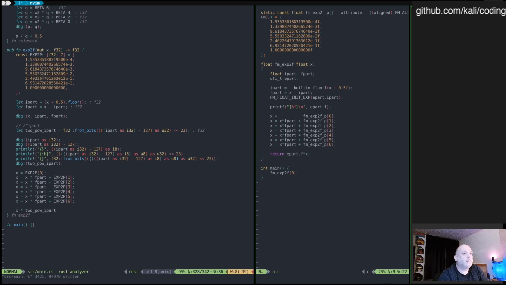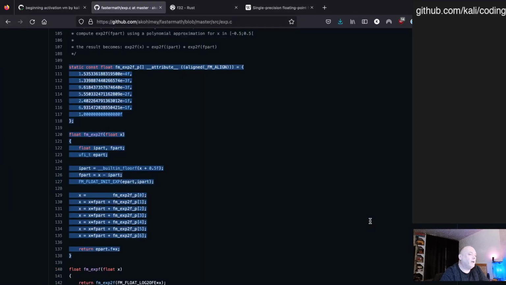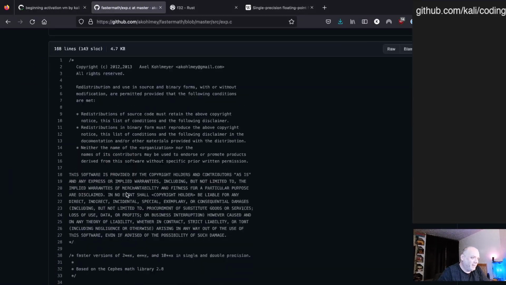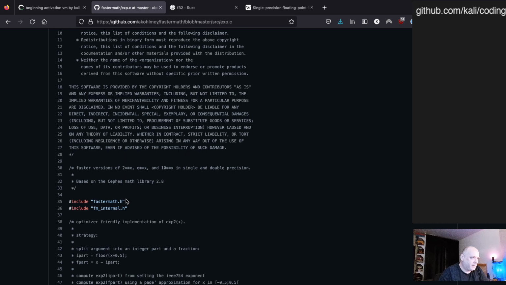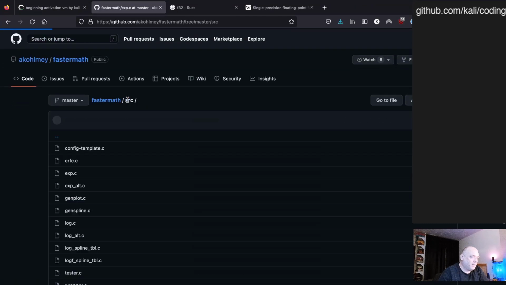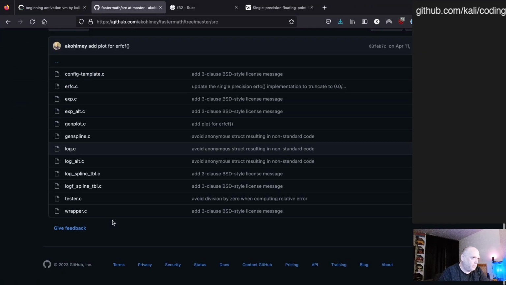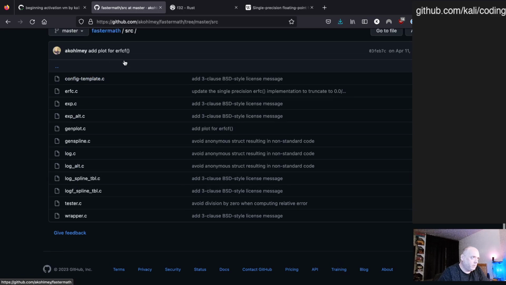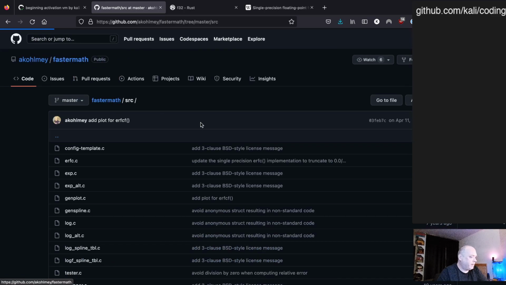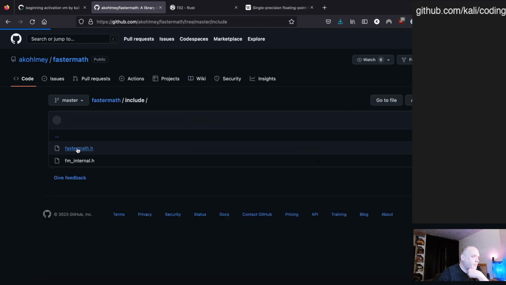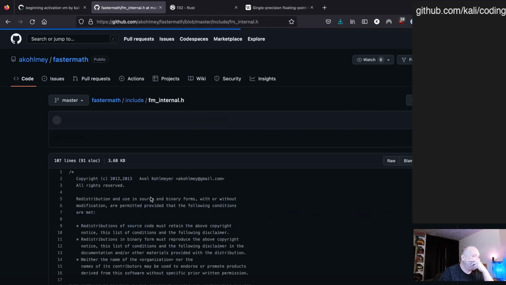Ah, yes. I need a couple of includes. Faster math or FM internal, I guess. If I remember correctly, it was in FM internal. Faster math include FM internal.